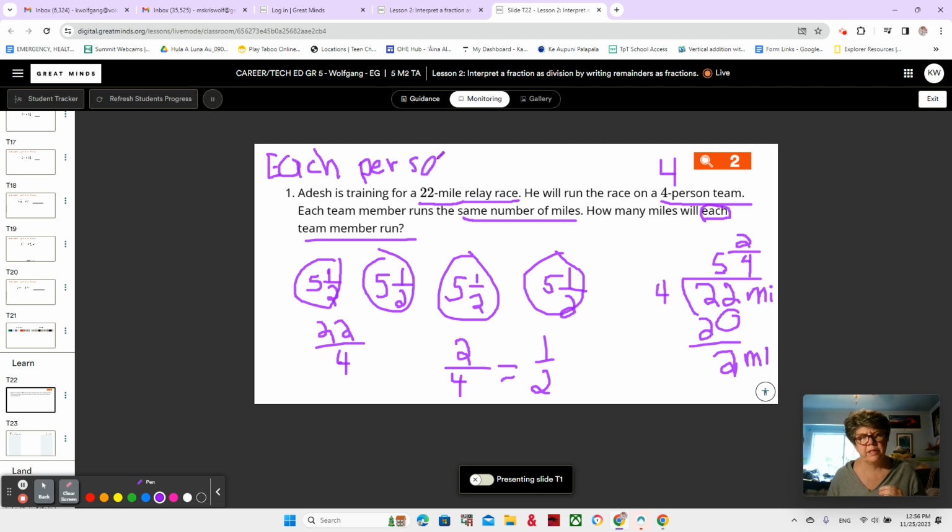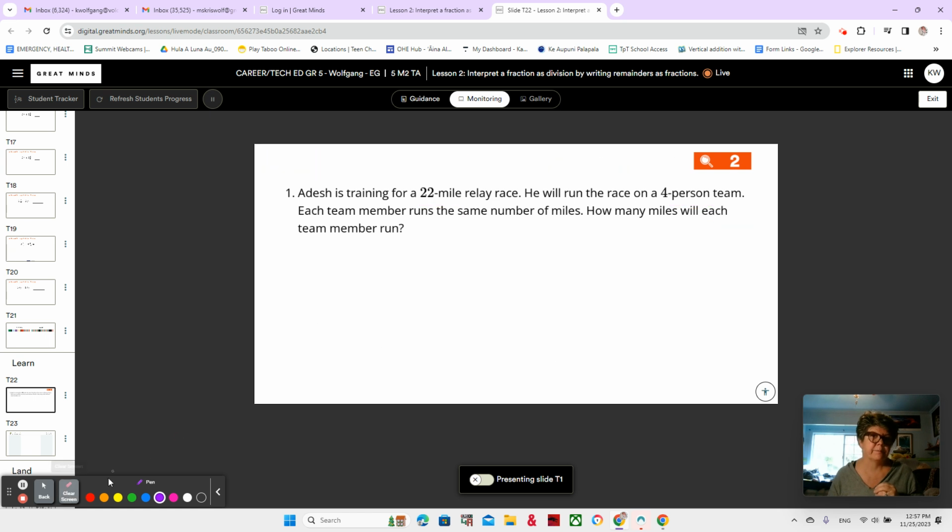Each person runs, I'm going to take the one that's the easiest to understand, 5 1/2 miles. I mean, it's less than 22 miles, but it's still quite a bit of running, right? Okay, make sure you have that written down. If not, pause me and get it written down.